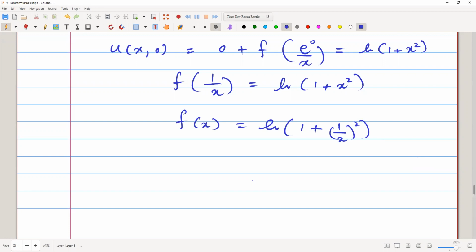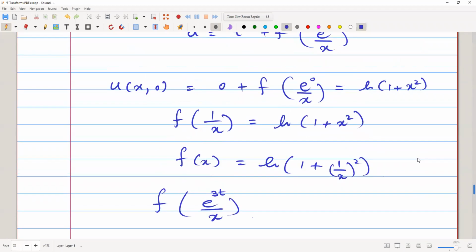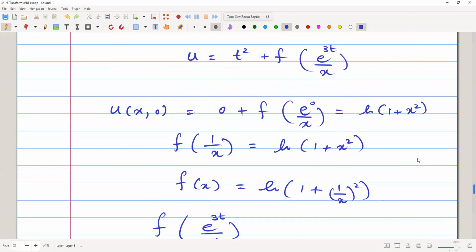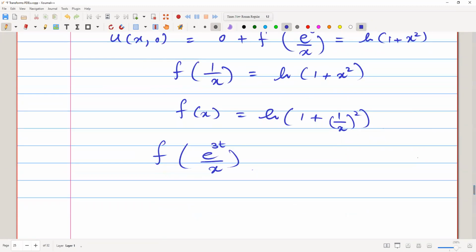Now we have a function of x, but what we need is a function of e to the power 3t over x. Still it will make trouble.